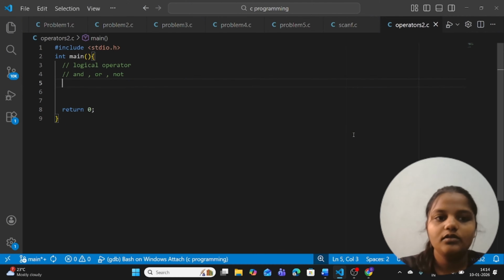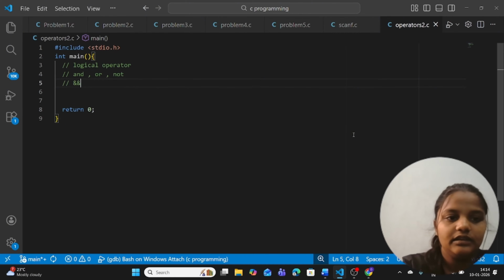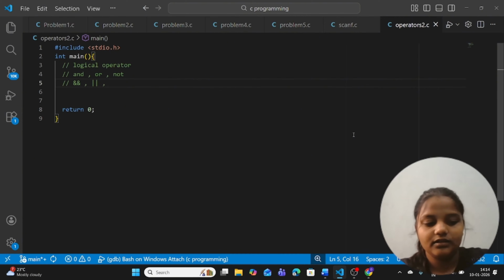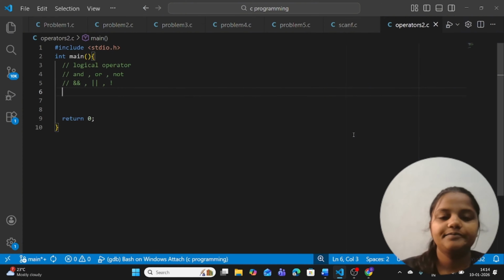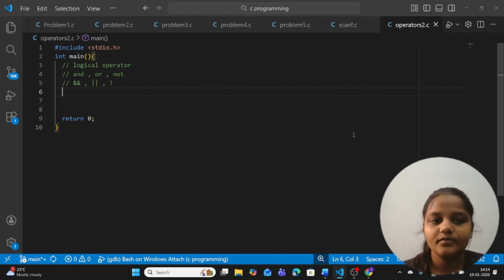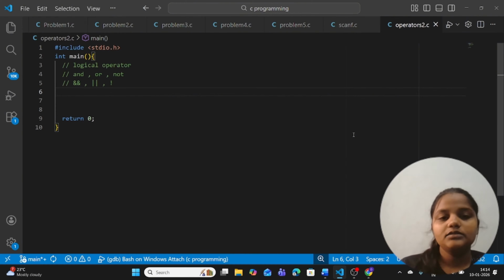AND is represented by the ampersand symbol two times, then NOT is represented by this symbol. What does logical mean? Logical operators work on two or more conditions. Between two conditions it will work.